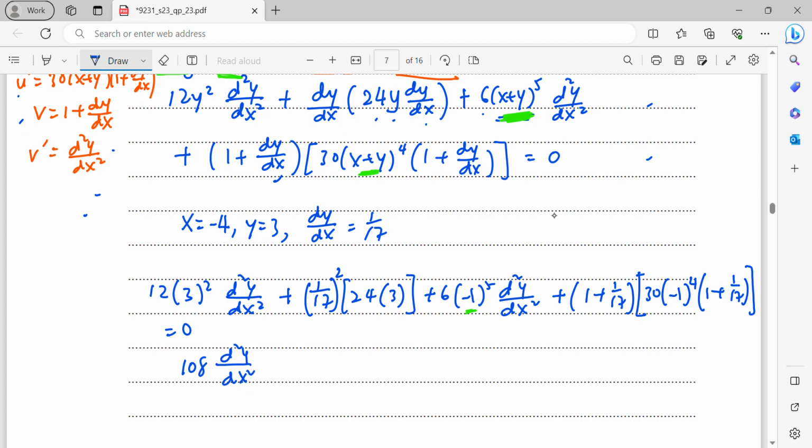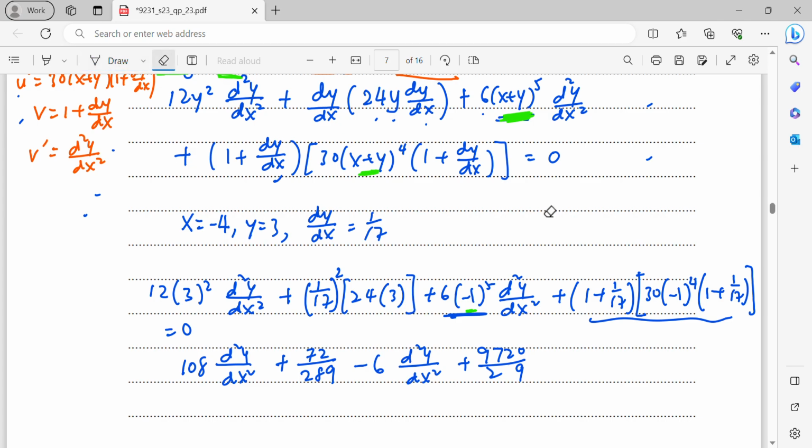Then the next one is 72 over 289. Then here is going to be minus 6 d squared y over dx squared. And this whole term is going to be 9720 over 289.